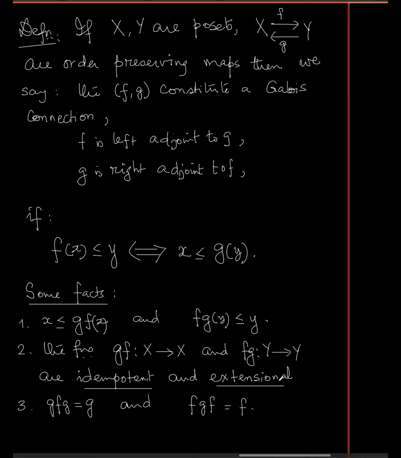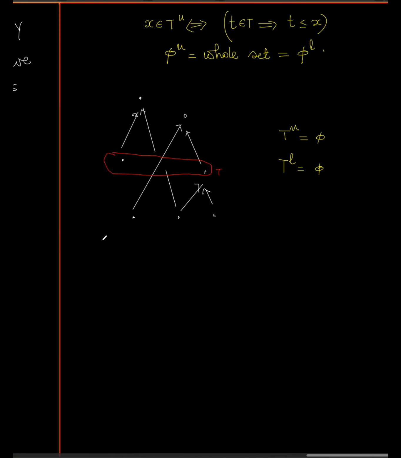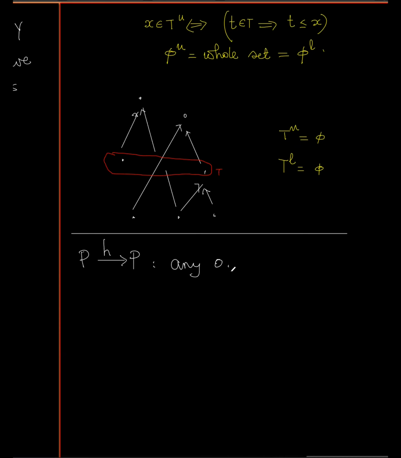Well, let me put this here. So suppose you have any poset P and a map H on P. It is called H is extensional if, for every X, X is less than or equal to Hx.